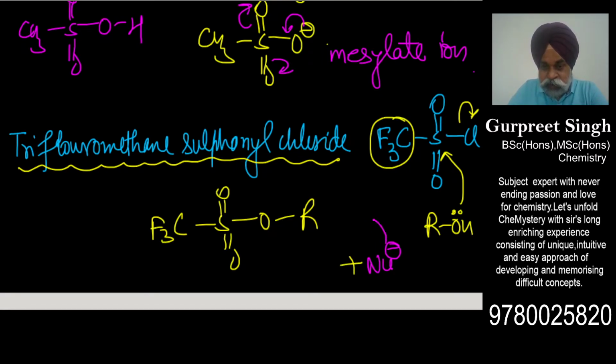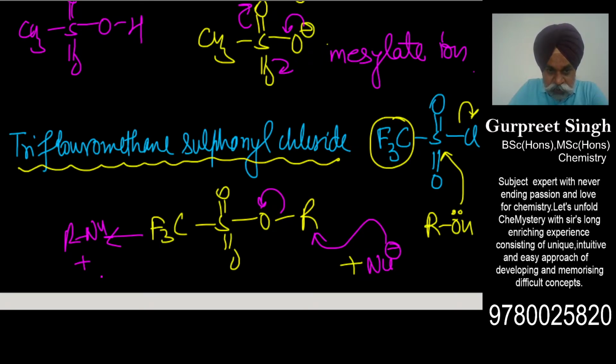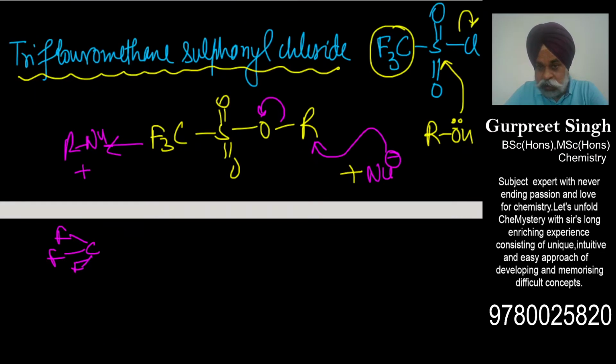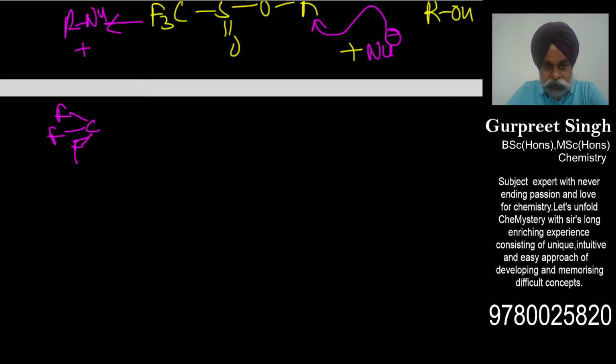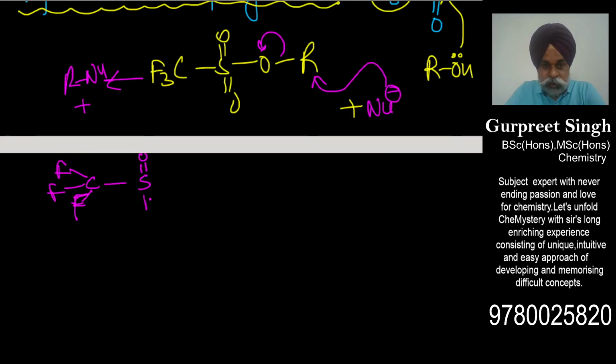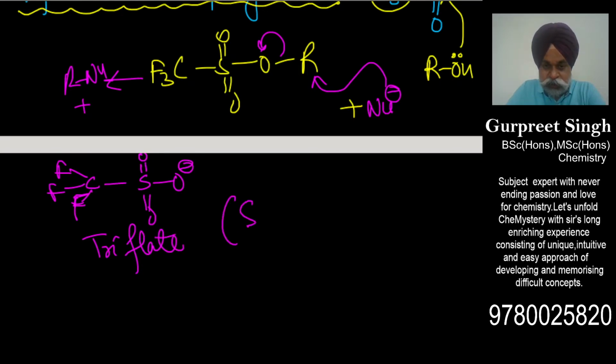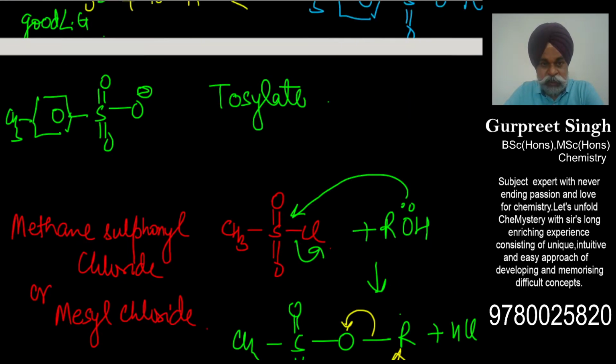If it is attacked by some nucleophile, the product you are going to get here is R-nucleophile. Along with it, you would get this entity, which is called triflate. This is also said to be a super leaving group. Super leaving group.